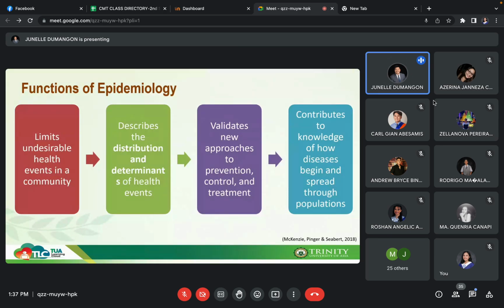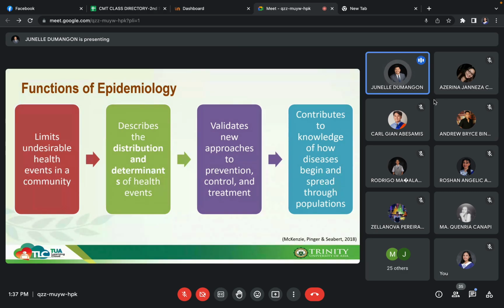Number one, we first should have a health event in a community that we want to limit. So pipili tayo ng problem in the community that we want to limit the undesirable numbers. We want to control this type of disease. After choosing that, we then describe the distribution and determinants of this health event that we want to control.